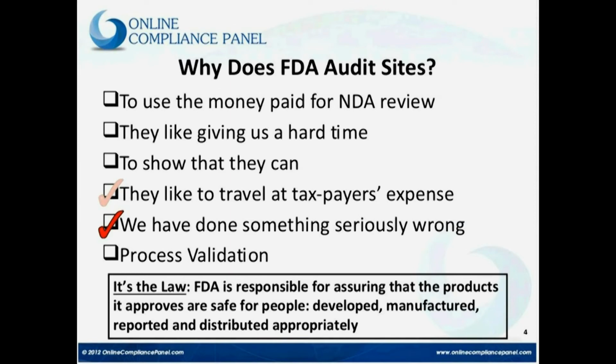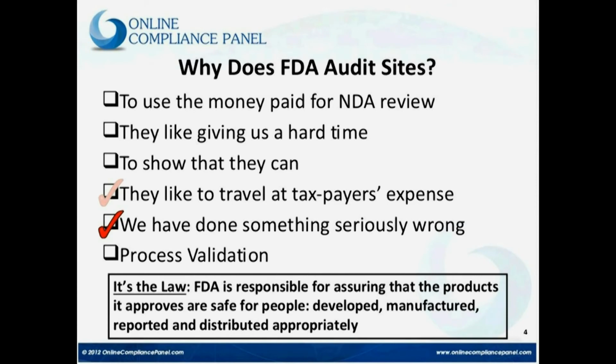So how does FDA pick sites to audit? Is it just to use the money for NDA review? For a new drug application, or actually for any approval application to FDA these days, drug, device, biologic or generic drug, there is a review fee, and a part of that review fee is designed for FDA to be able to audit. So does FDA audit people when they want to use that money?